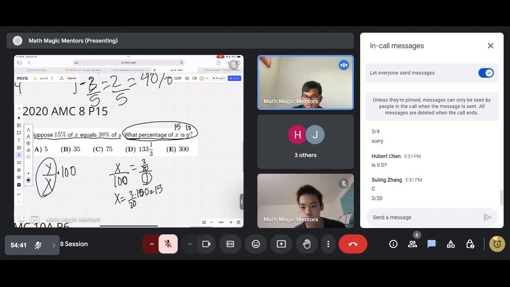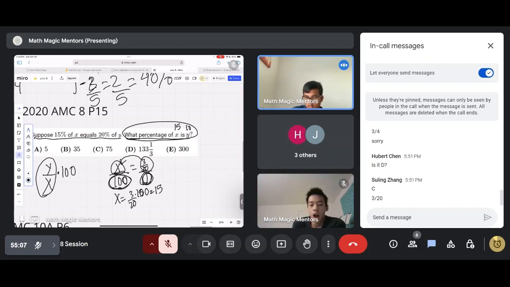So that's how you get the percent. The ratio you have over 1 is equal to the percentage over 100. And the percentage x is relating to 3 over 20, but now instead of having 1 as the denominator, you have 100 as the denominator.